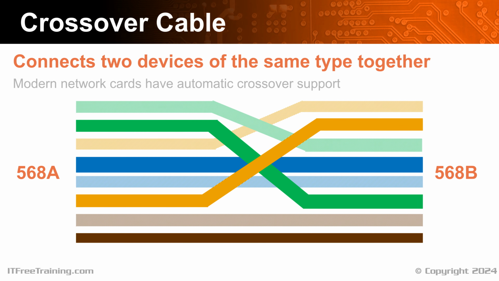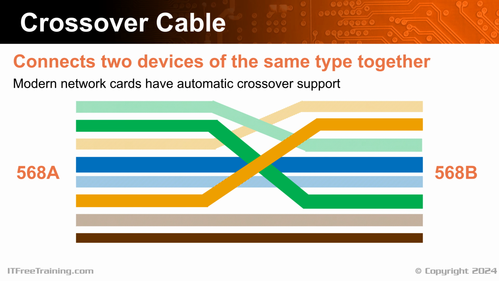The good news is, in the late 90s, network adapters and network devices added technology allowing them to automatically detect and swap the necessary wires, eliminating the need for manual crossover cables. Thus, it is pretty likely that if you connect 2 devices together, one of them will support automatic crossover. It only takes one device to support it to cause a swap when required.